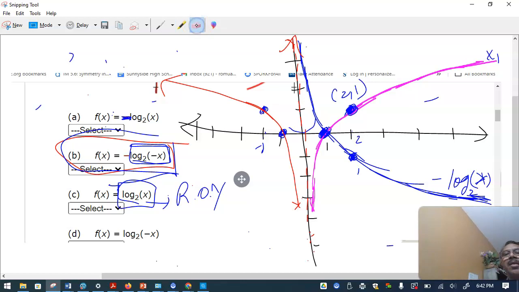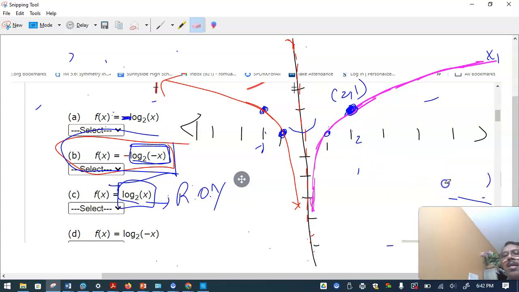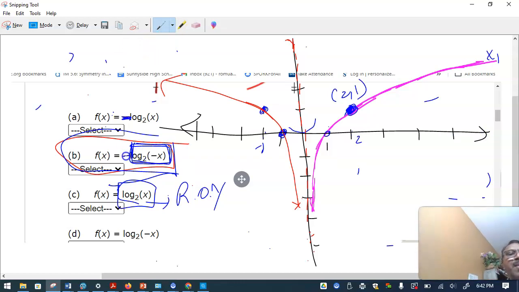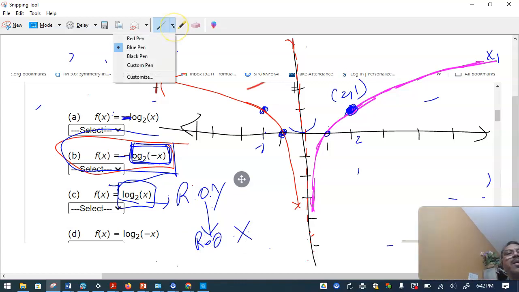Okay, so I'm gonna clean this part. So first you reflect. Okay, so you can see the graph. First you reflect. That's what I did here. First, then there is a minus. So after that, this is reflection over the y-axis, and then you reflect over the x-axis. So the red color that you see now, you have to reflect over the x-axis.